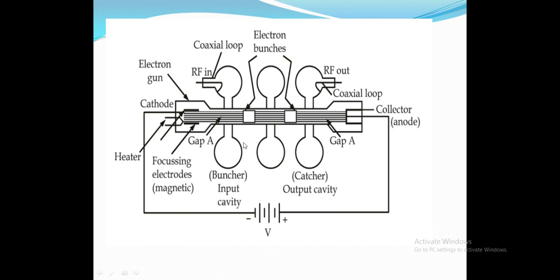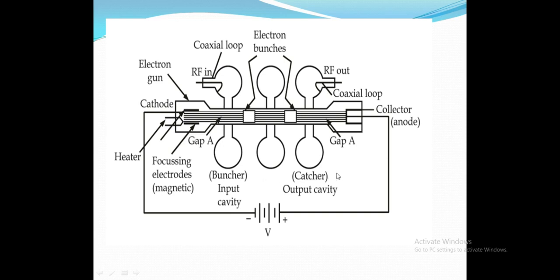A high velocity electron beam from the cathode is produced and sent down the glass tube through an input cavity, a field free drift space and an output cavity, that is a catcher, to the collector electrode or anode. The input and output are taken from the tube via resonant cavities.